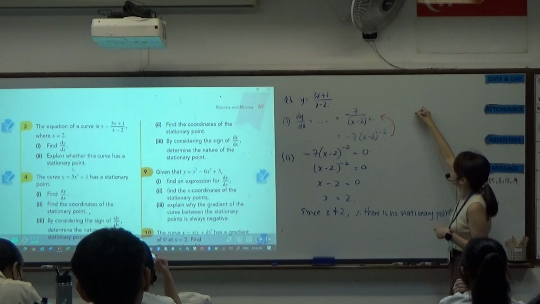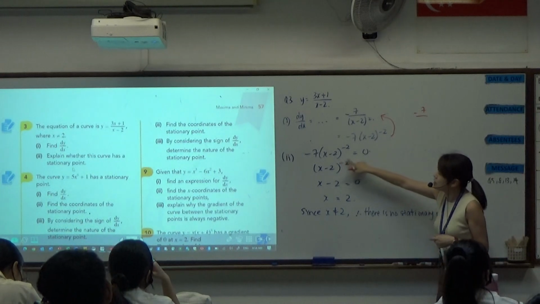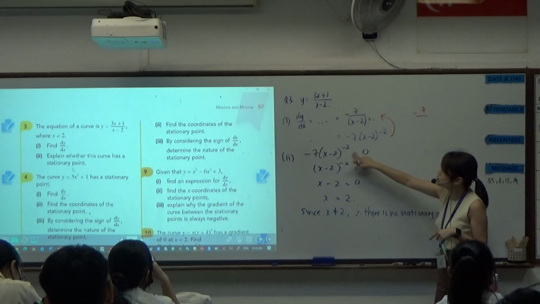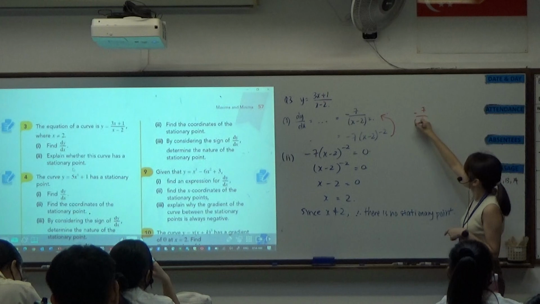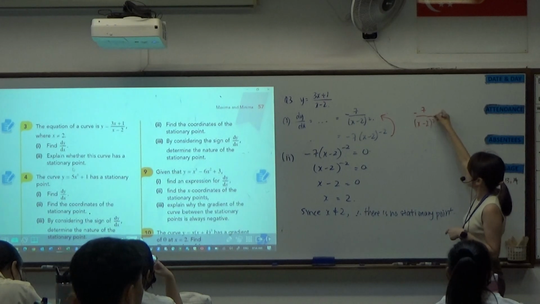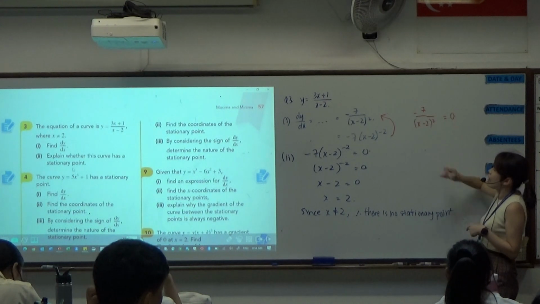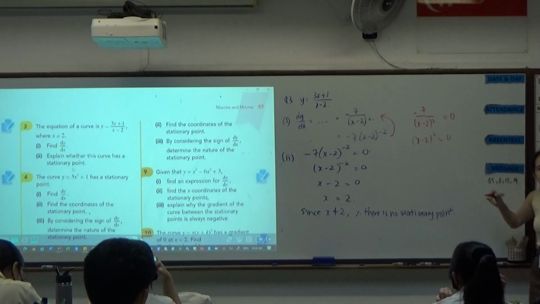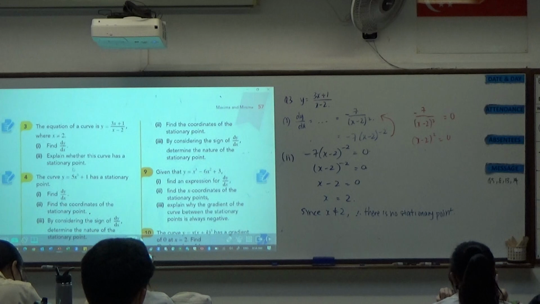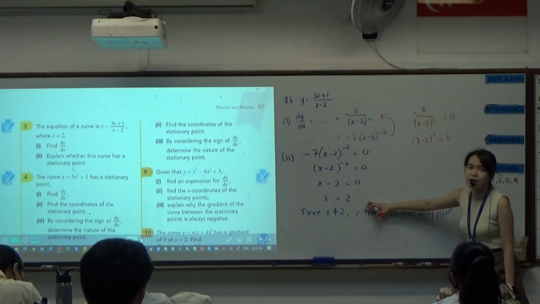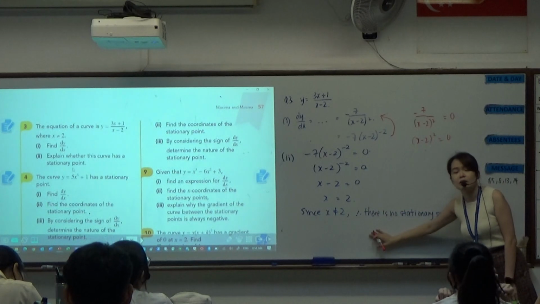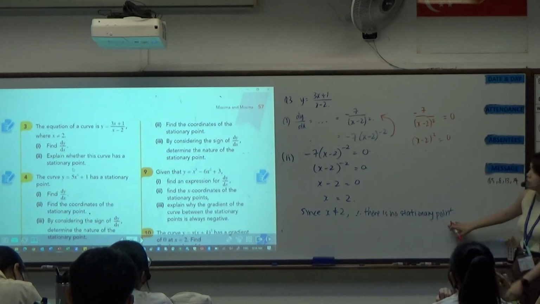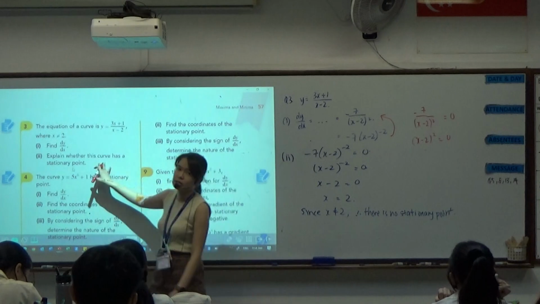So when you say that negative 7 times x minus 2 to the power negative 2 equals to 0, it is the same as this thing equals to 0. Okay, and then you tell me x minus 2 squared equals to 0. In the first place, your denominator cannot be equals to 0 at all. Okay, so right from the start, this entire presentation is unacceptable. Okay, to use this as a contradiction to answer the question itself.